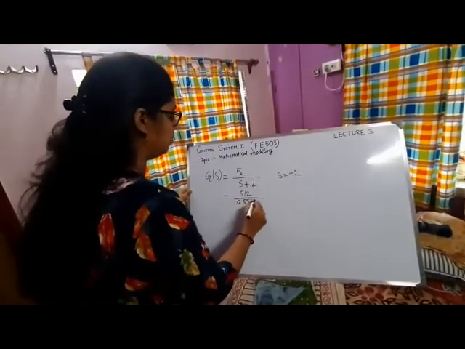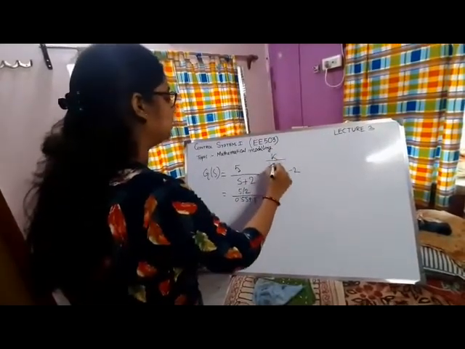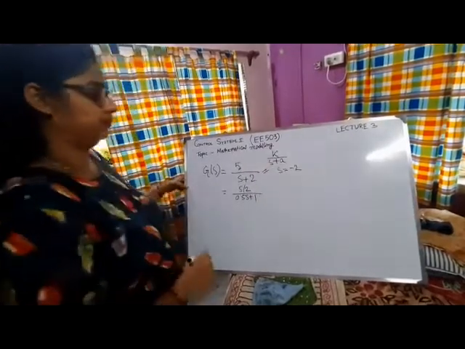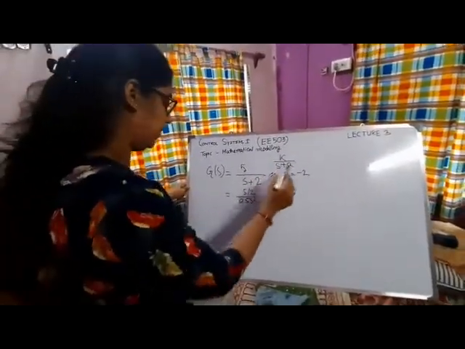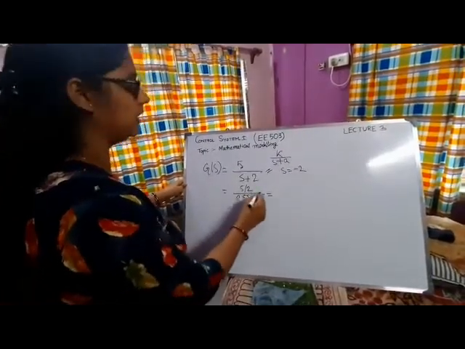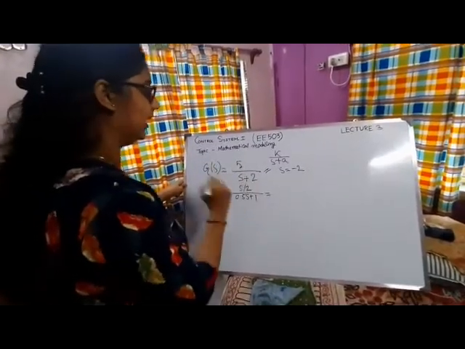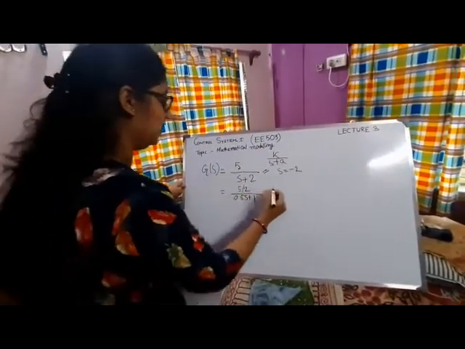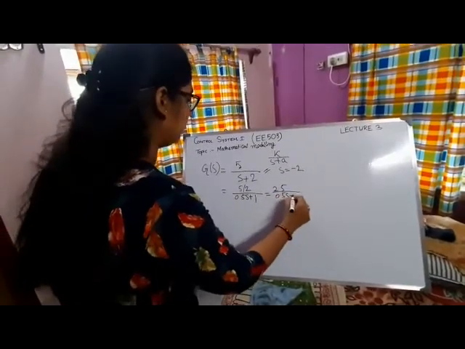0.5s plus 1. So this form was K by (s plus a) form, where a is the constant, and when we are converting this, dividing the equation by a, then we will get this equation, and it becomes 2.5 by (0.5s plus 1).